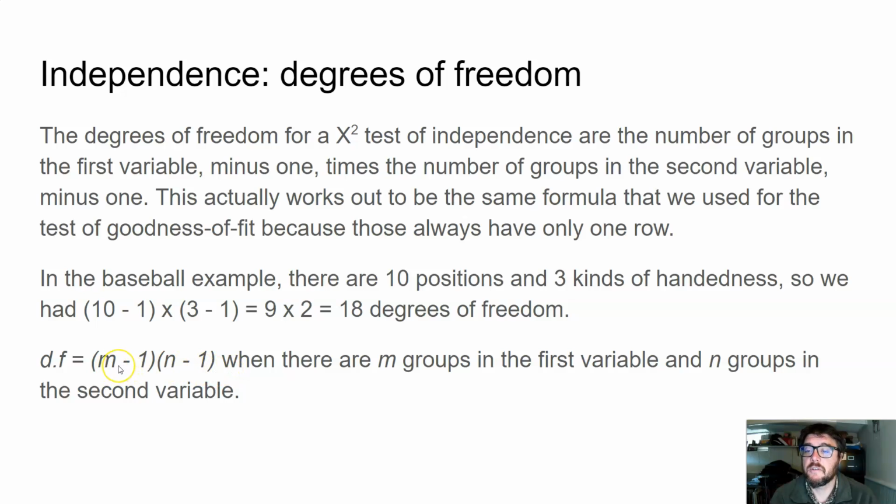So if there are 10 positions and 3 kinds of handedness, that would give us 18 degrees of freedom. But in my simple example, there are 2 positions, catcher or not catcher, and 2 handedness options, left or right, and so that would give us 1 degree of freedom total.